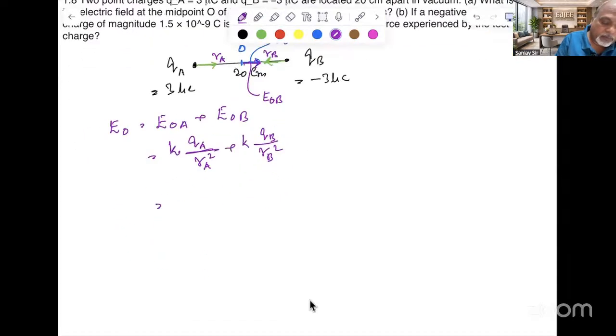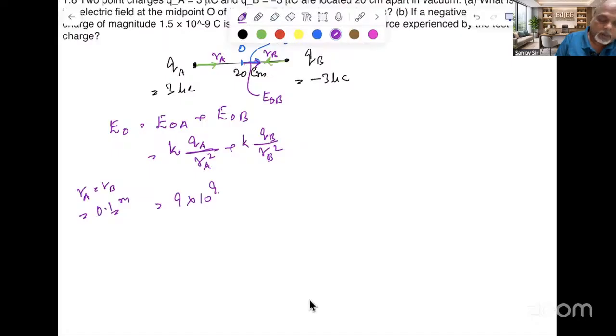We can take K as 9 into 10 raised to 9. Here RA and RB, since this is the midpoint, are equal to 0.1 meter, because the distance is 20 centimeter.